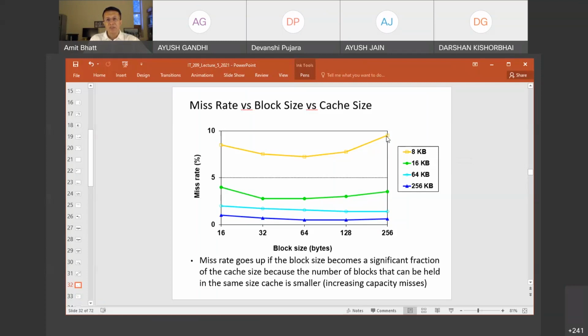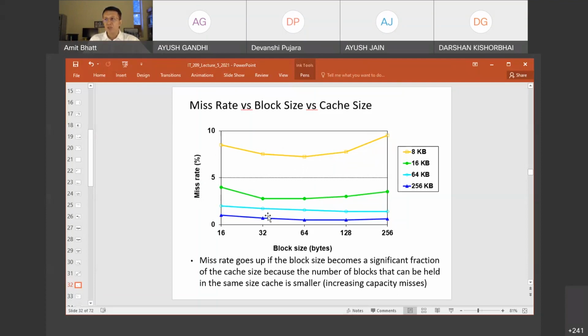So now we have found out that there is a connection between the block size, how big a block size should be, and the miss rate. A reasonable block size will give you a lower miss rate, which is very good. But if the block size becomes way too much, then your miss rate is going to suffer. When I say the miss rate is going to increase, basically your performance is going to suffer.